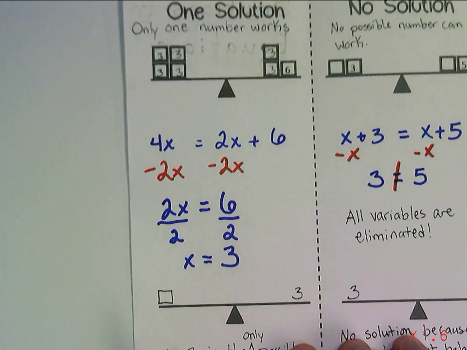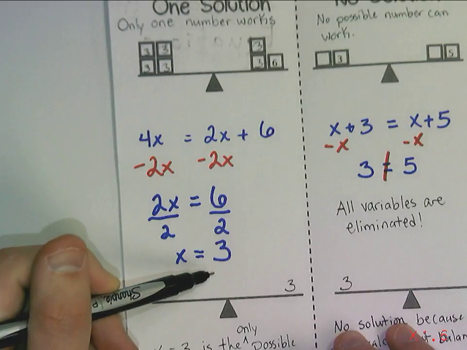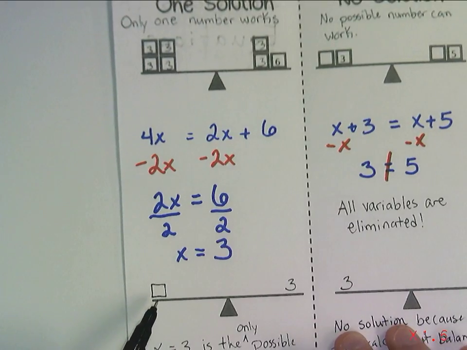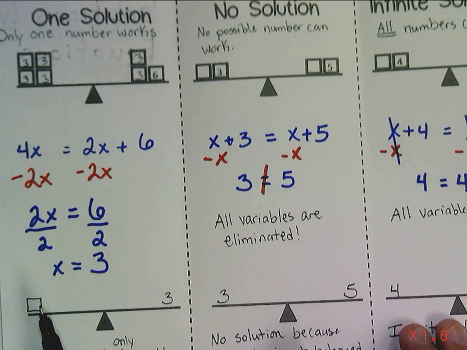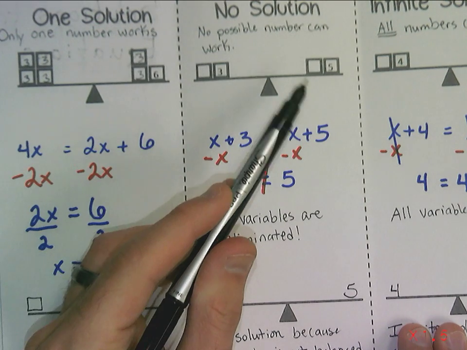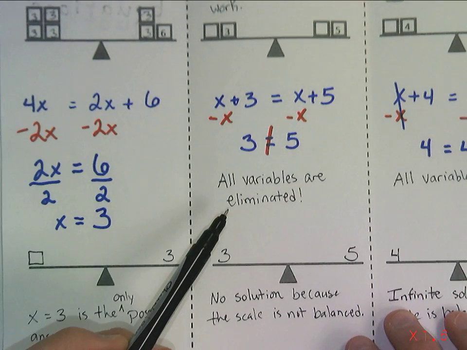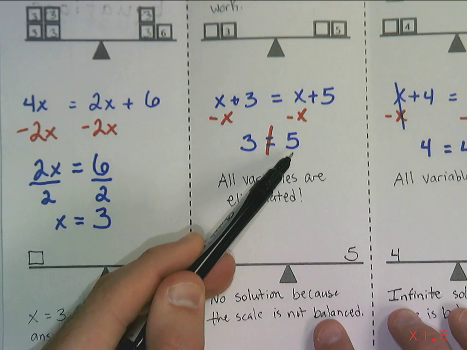So just a quick recap. With one solution, you have a number equal to a variable, and there's only one possible answer that you can put in to balance the scale. With no solution, there's no possible answer that you can put into either side of the equation or on either side of the scale to balance it out. All variables are eliminated. You'll end up with a number equal to another number, which never can happen.